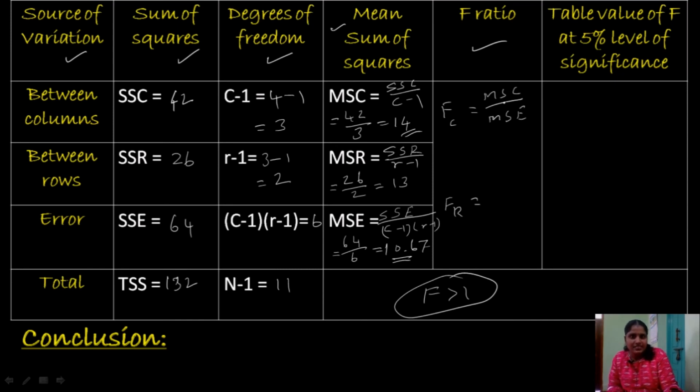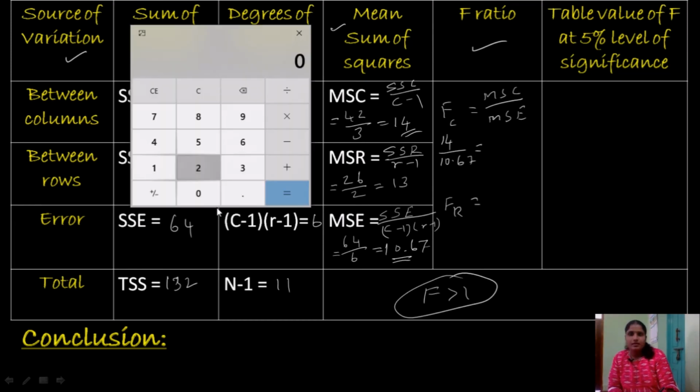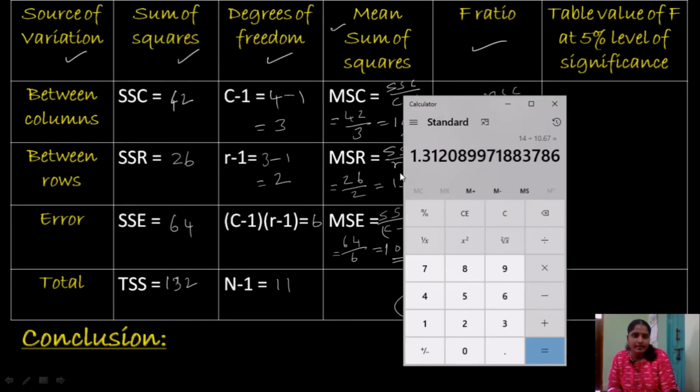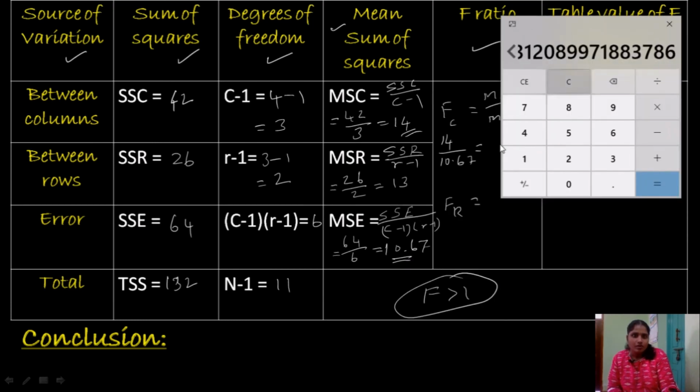So here MSC is 14, so 14 by 10.67 gives you the value 1.31. I have to take up to two decimal places, so 1.31.